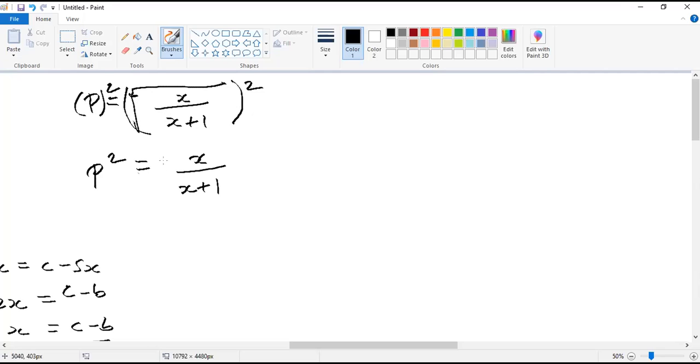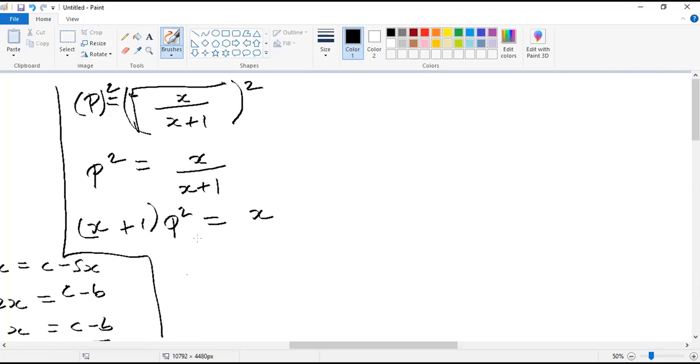Then we do our manipulation, multiply both sides by x plus 1, and then multiply out. Now we get xp squared plus p squared equal x. We group the x together, so x minus xp squared equals p squared.